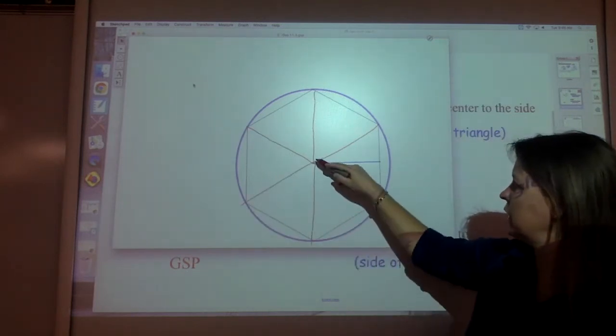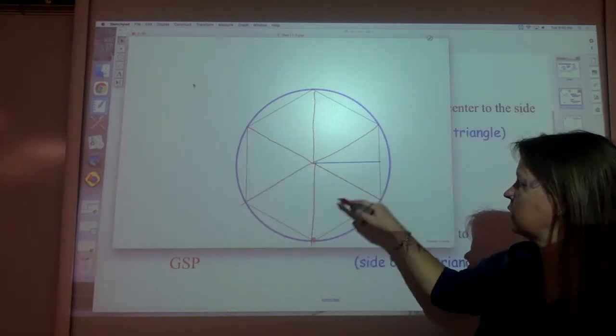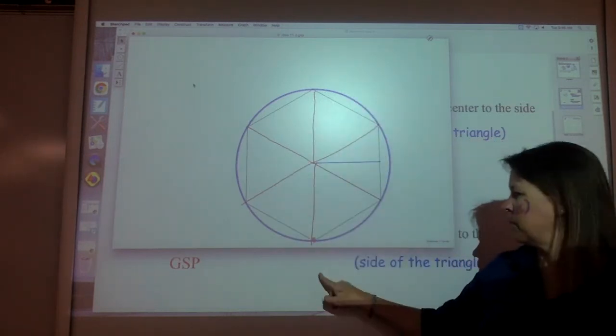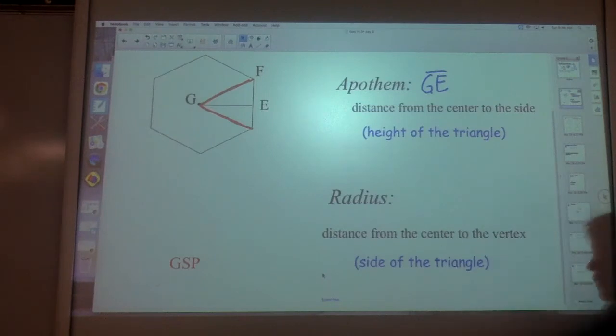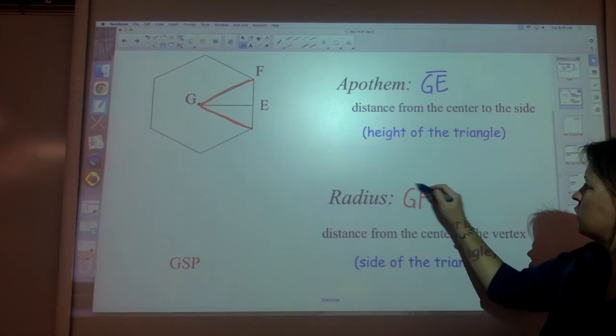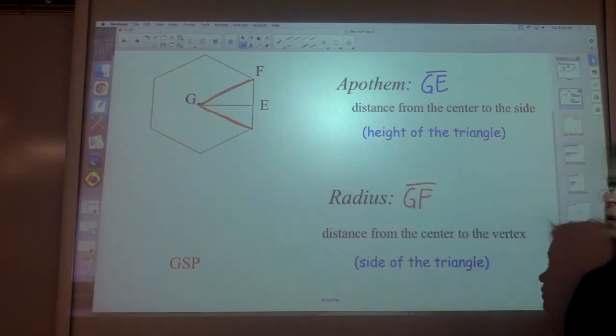Each one of these, the radius to the vertex, will be the radius of a circle. Just kind of a cool thing about an apothem compared to a radius. Radius on here, I should probably have labeled it, was segment GF. Segment GF was the radius.